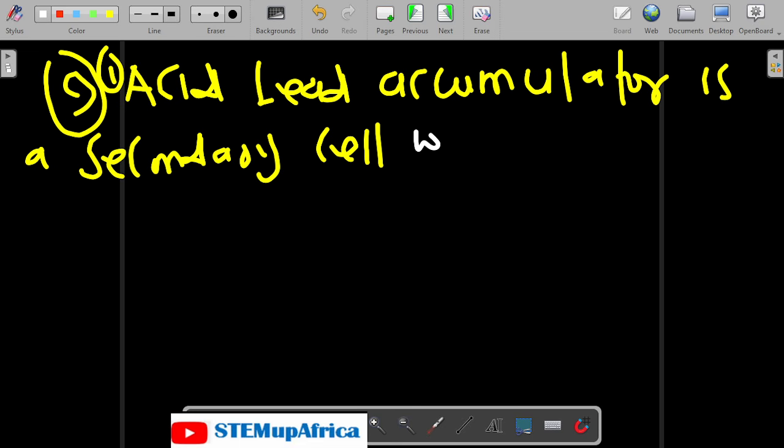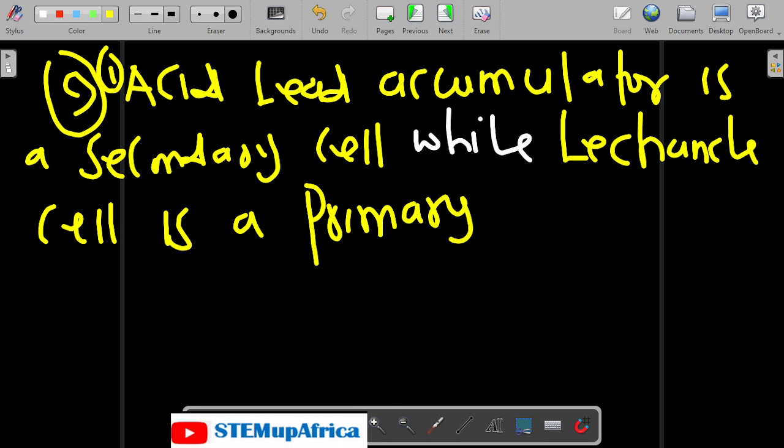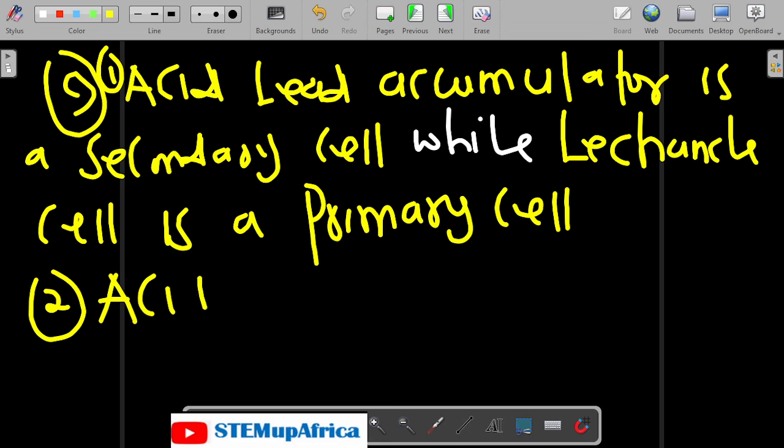Why? You must state it this way: the Leclanche cell is a primary cell. This is one difference. Number 2, you can say the acid lead is a secondary cell.